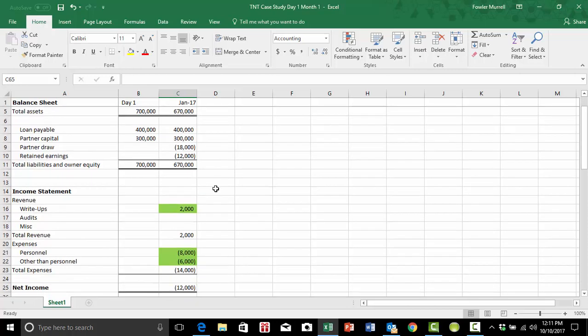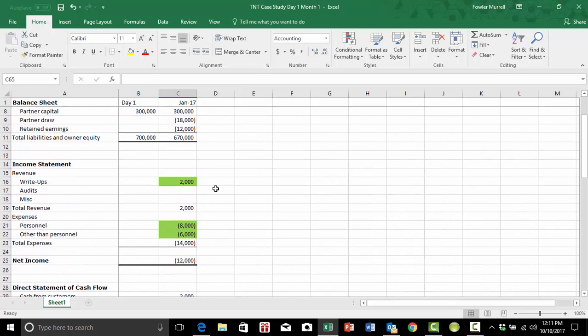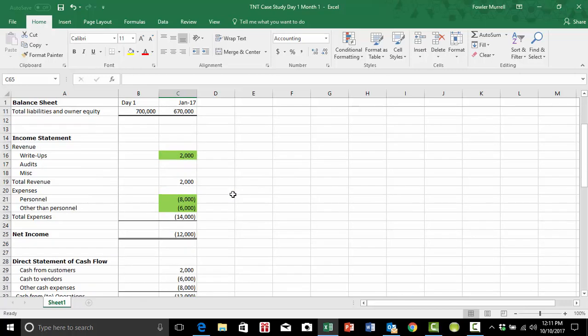When you're done, in order to know that you are done and you're complete and everything is linked, you need to eliminate the variables. How do we do that? Well, you hold down the control key and click on the variables.